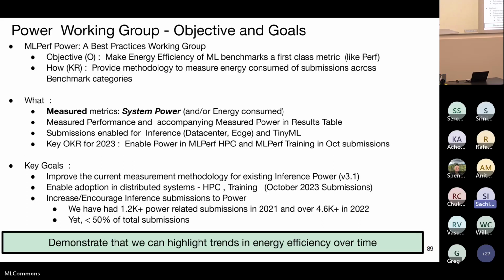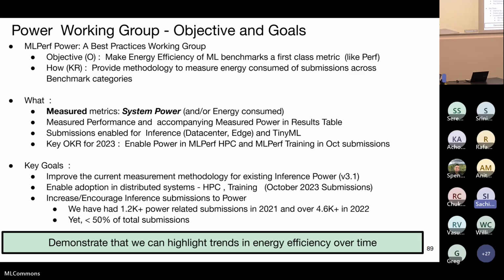So jumping quickly, our key OKR for 2023, when we discussed with David and others last year, was to enable power in MLPerf HPC and training. Over the last, let's say, 6-7 months, we've had a task force with participants from both training and HPC come in and really work towards a common, consistent approach to submitting power so that energy efficiency can be tracked. And it's particularly complicated for distributed systems.